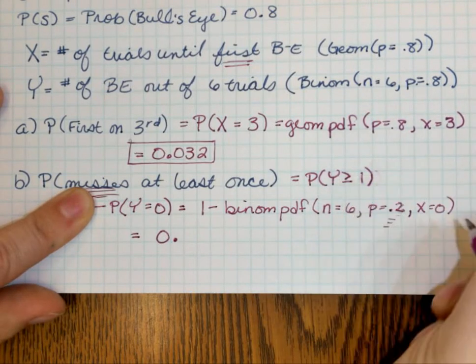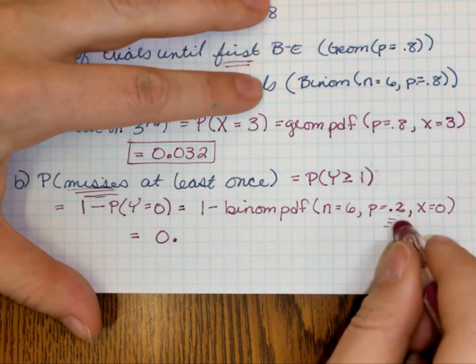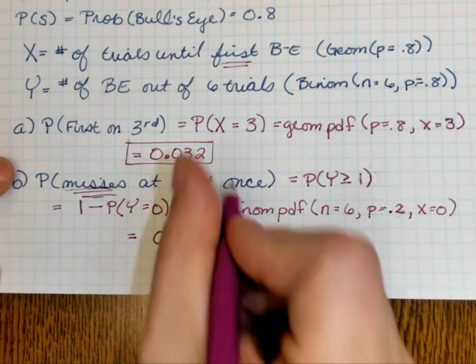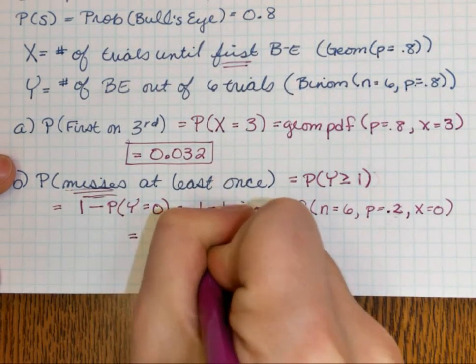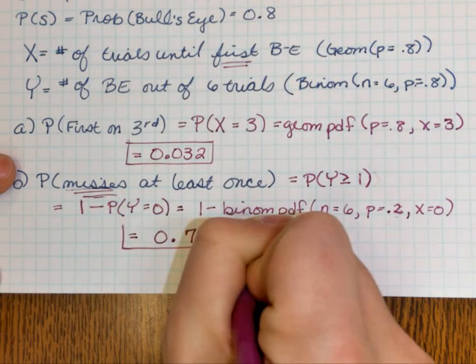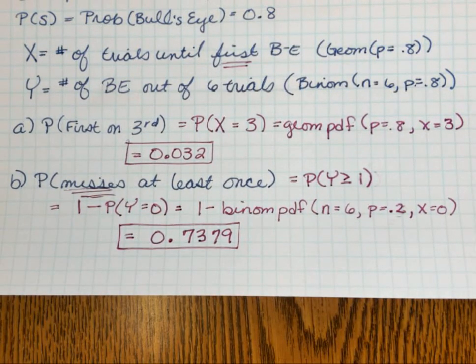I want the probability of missing. Yeah, you're still going to do 1 minus that. It's just going to be a 0.7379. Sounds happy to me. You have to do 1 minus. Yeah. Oh, 1 minus. Good catch, Anna.